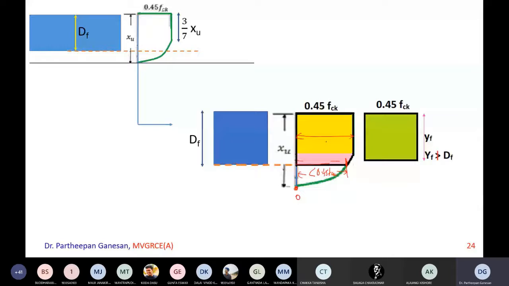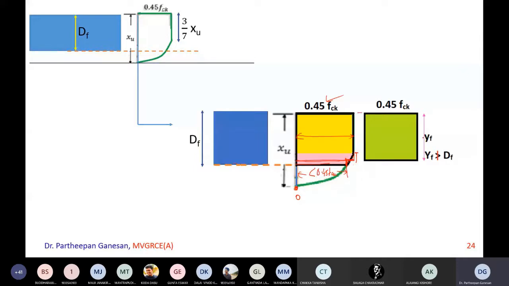Now I want to change this to a uniform stress distribution of 0.45 FCK. Up to 0.43 XU, it is okay, but beyond that, I have a parabolic portion. I want to make it an equivalent stress, which has only a rectangular part. Obviously, it has to be less.